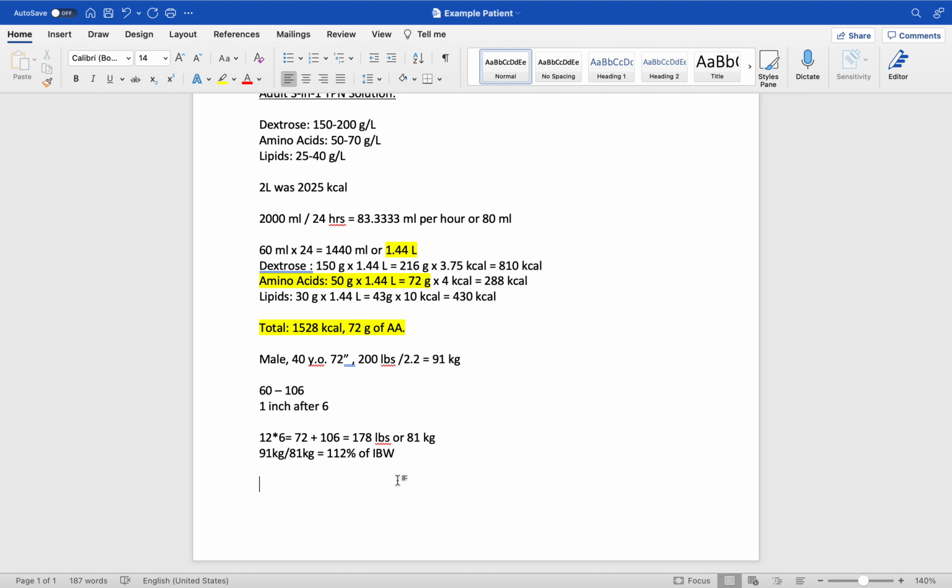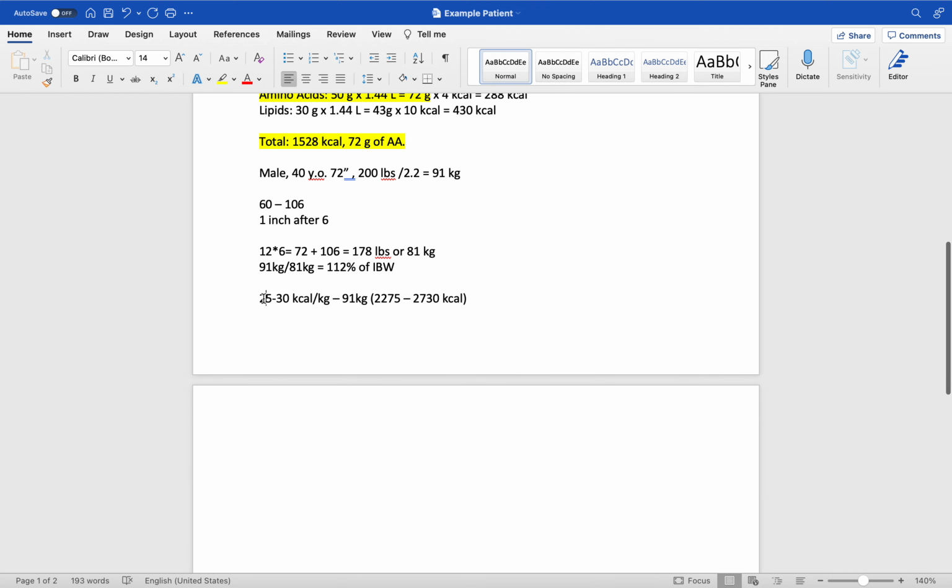So we're going to do 25 to 30 kcal per kg. And he's 91 kilograms, so that gives us a range of 25 times 91. Wow, this guy needs a lot. 30 times 91, 2730 kcal, and then protein.